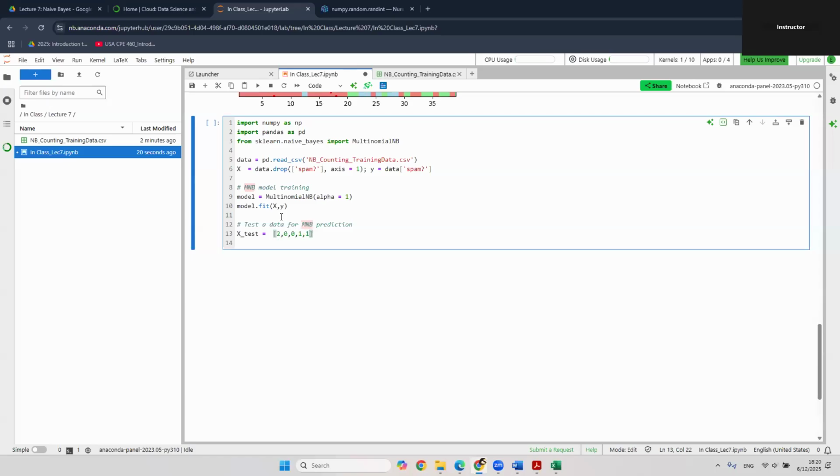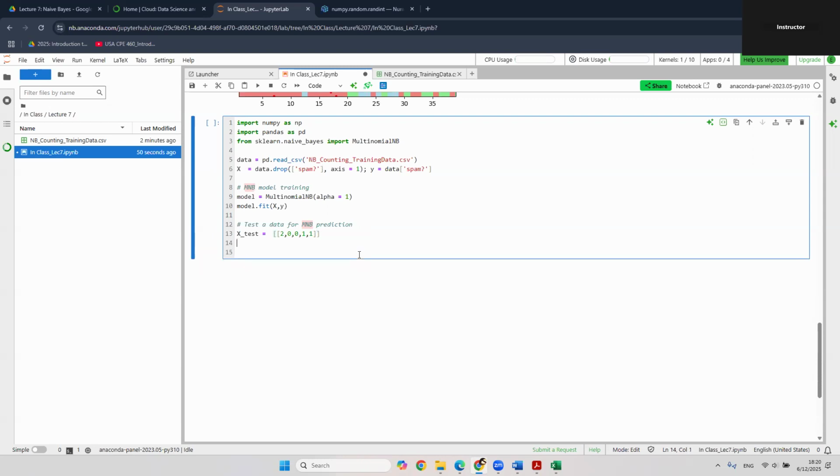Be very, very careful: in scikit-learn, by default, it will automatically set this up to be 2D. Why? Because you can test different samples simultaneously. Hence, even if your test data point is a single data point, you still need to set it up in 2D. Otherwise, it will show you an error.